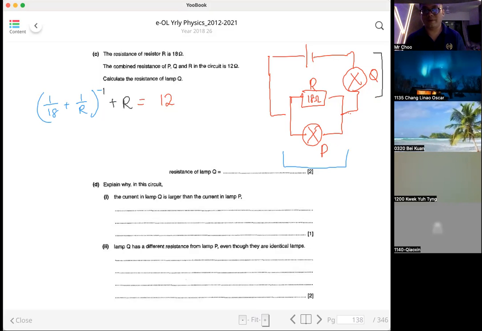So make R the subject, and you're able to solve this question.